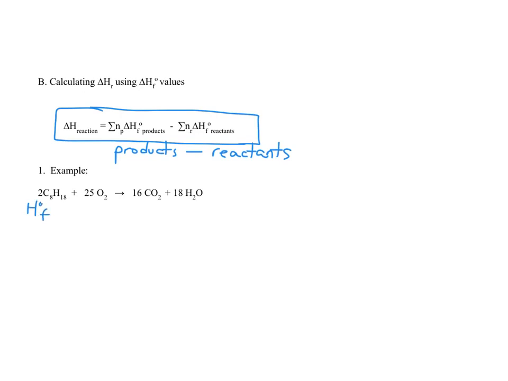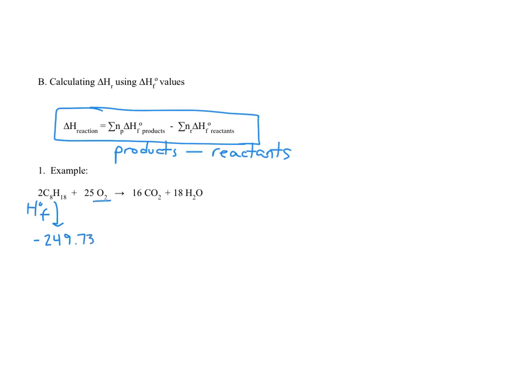Okay, so our equation here is going to be actually the combustion of octane. Octane is C8H18. They'll give you those enthalpy of formation values. So for octane, the enthalpy of formation, if you were to look it up, would be negative 249.73. These are all in kilojoules per mole.